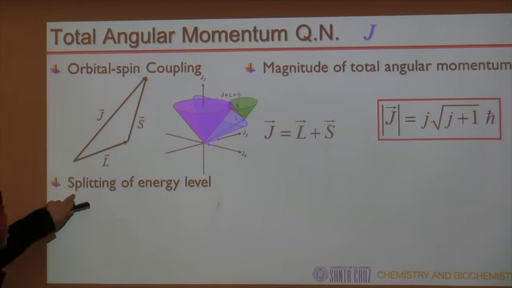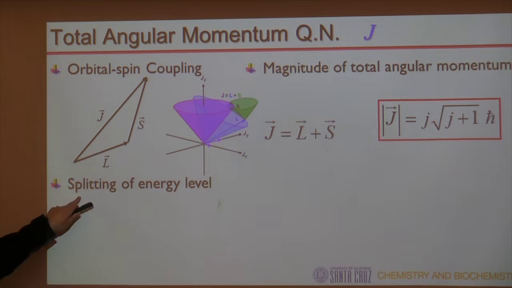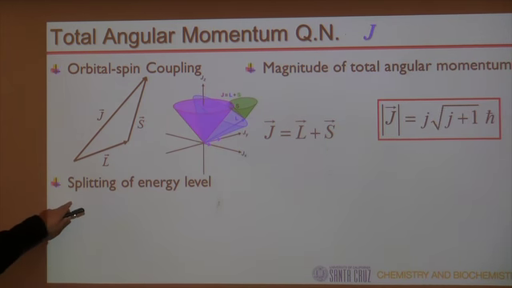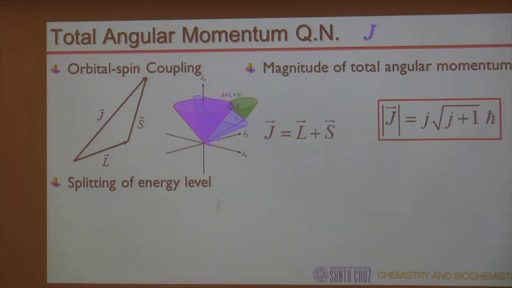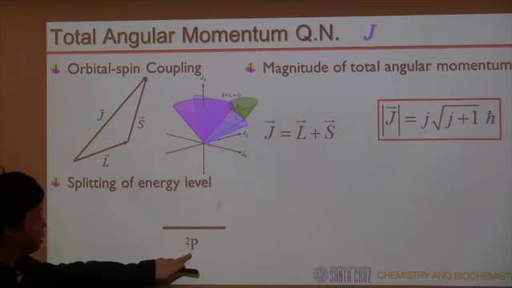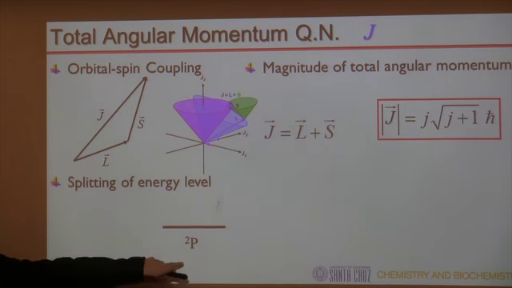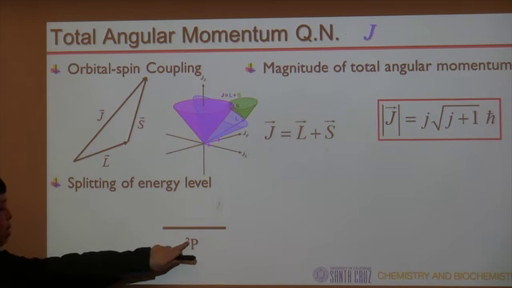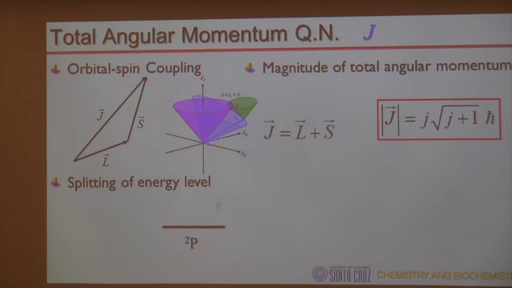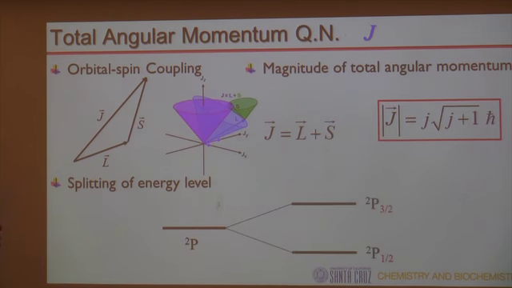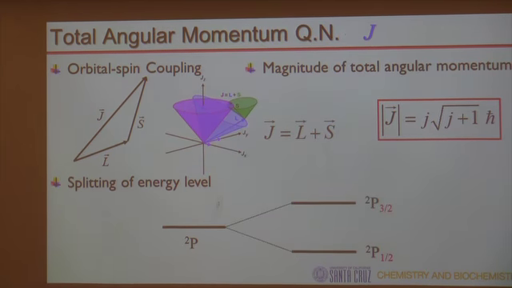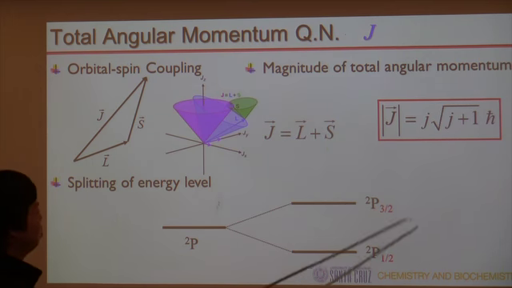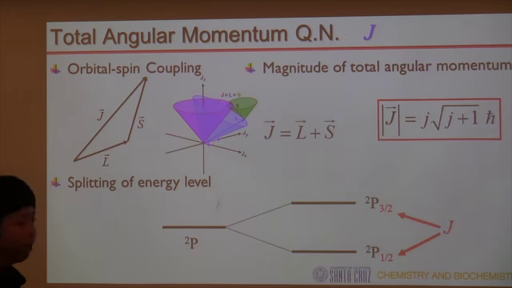And it also determines the splitting of energy levels without the presence of a magnetic field. So for example, we have 2p. Here is the term symbol, which we'll talk about later. 2p just means the p orbital. It actually can be split into two energy levels according to their J values.